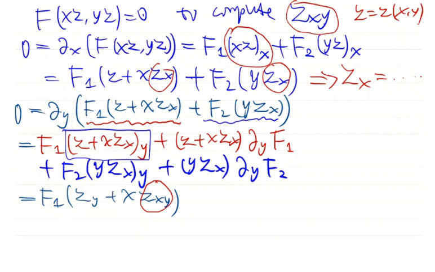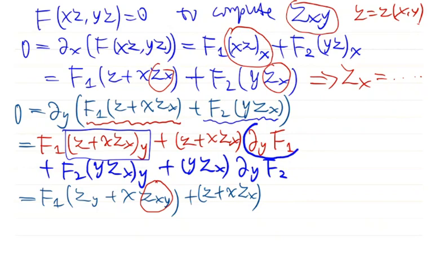Okay. Now, the next term is (z plus x zx) times the partial derivative of f1 with respect to y.